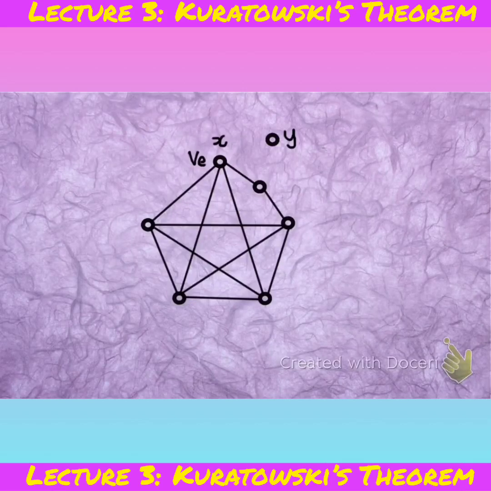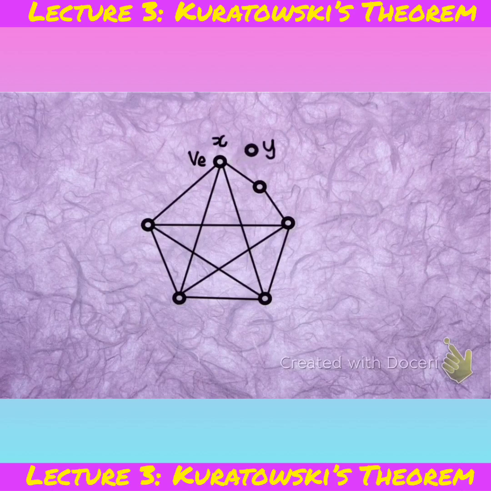Considering the first scenario, note that the graph G is going to have K5 or a subdivision of K5 as a subgraph. If we look at that Y and we merge Y into X, G is still going to have that whole graph as a subgraph.